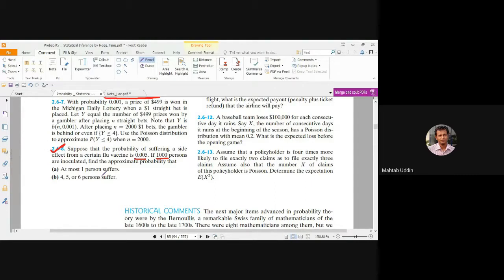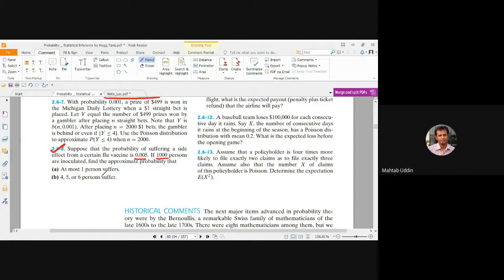Why we are using the Poisson but not the binomial? Any idea? No, sir. Okay.